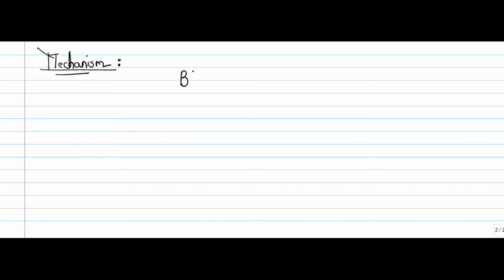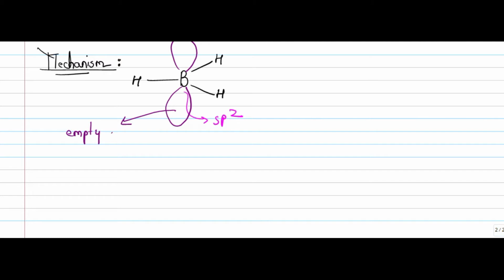BH3, boron hydride, is a molecule in which boron is sp2 hybridized, and boron doesn't have its octet completed, and it has this empty orbital left with it. This is the empty 2p orbital of boron.